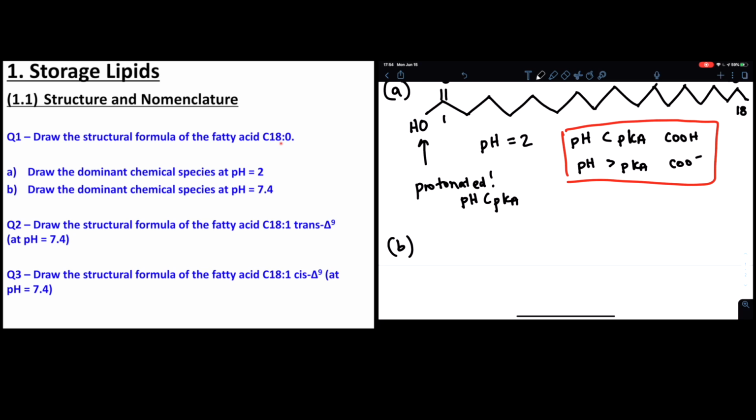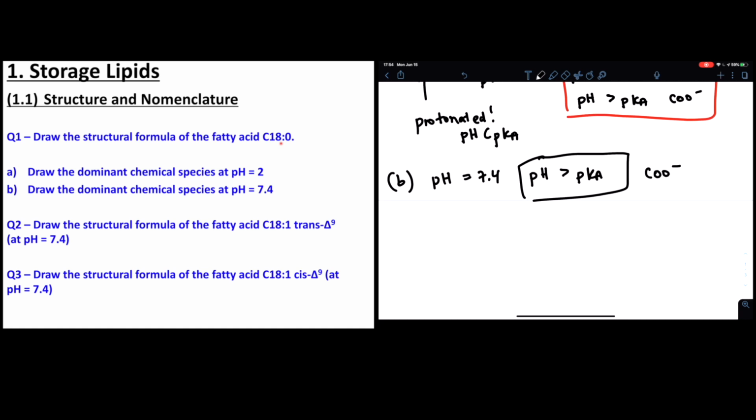In this case, it says the pH is 7.4. So the pH is greater than the pKa. What was the pKa of the fatty acid again? It was 4.5 to 5. So here the pH is greater than the pKa for the carboxylic acid, so it's going to be COO-. So we draw this out.